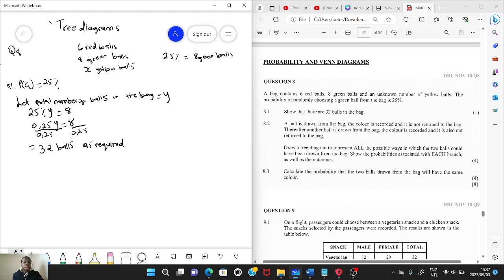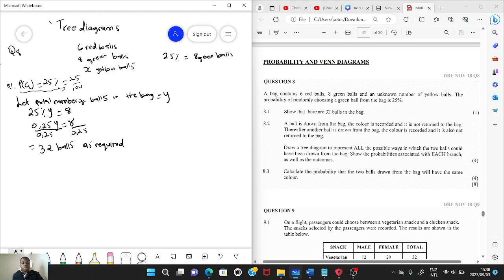And we were told that the probability of choosing a green ball is 25%, which is the same as 25 over 100, right? So I know that 25% of the balls constitutes the number of green balls. So yeah, it's a one mark question. Let's just leave it.